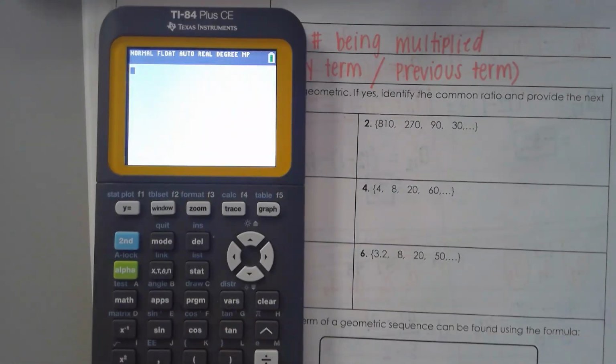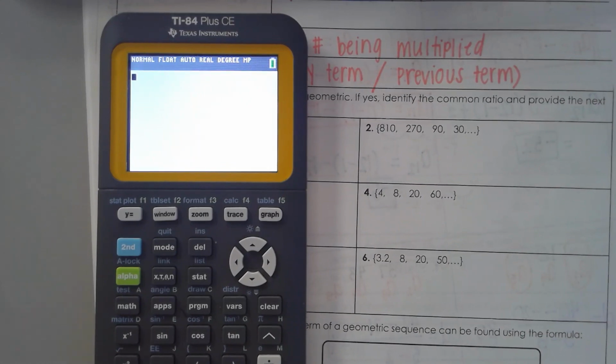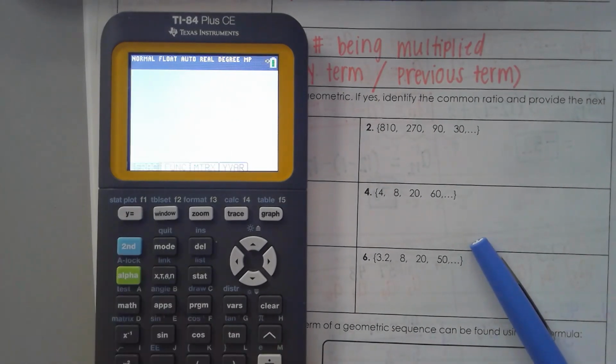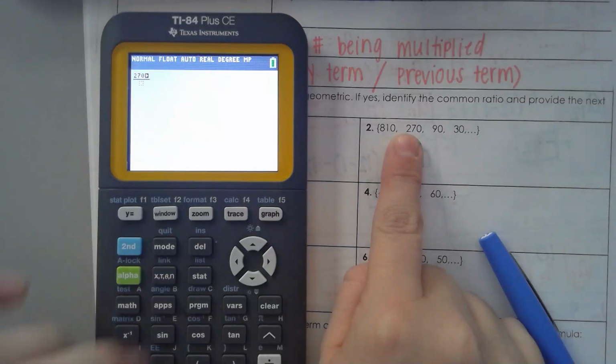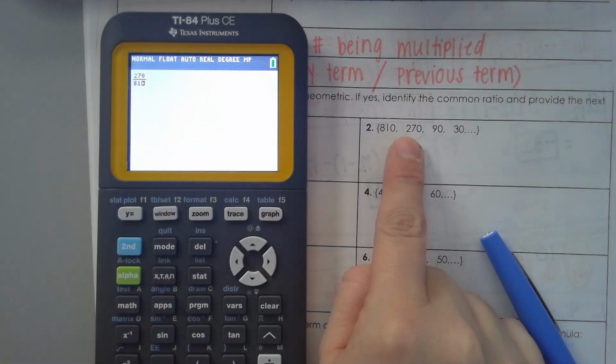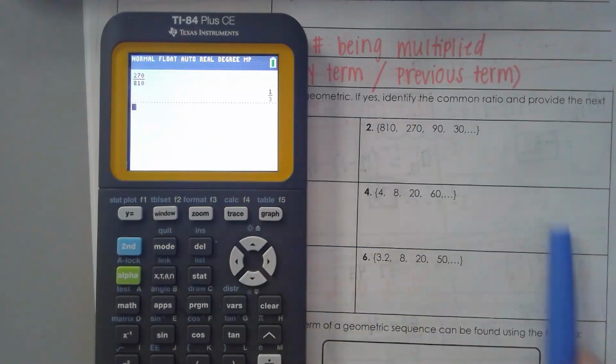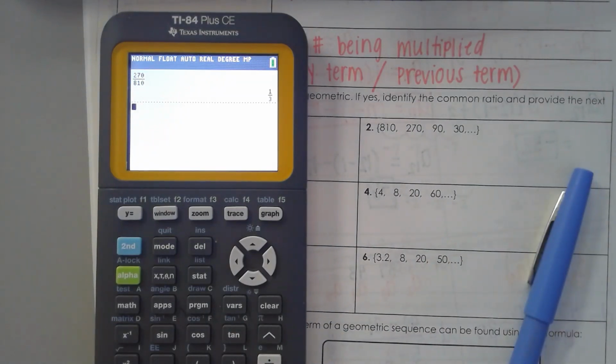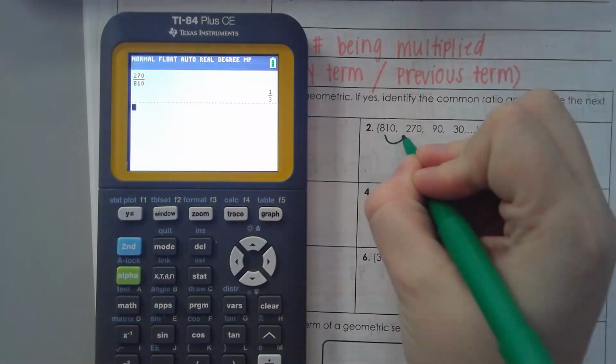So let's check number 2. If your numbers are going down, it's definitely going to be a fraction. So if I want to test out 270 over 810, 1/3. So it's multiplying by 1/3.